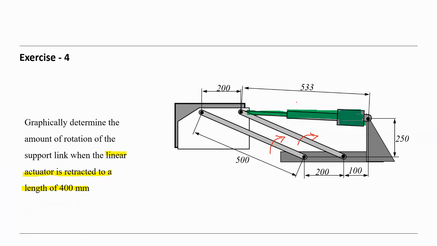So 400 means the lengths here will be reduced in that direction, and for the 400 we have to calculate the angle here.